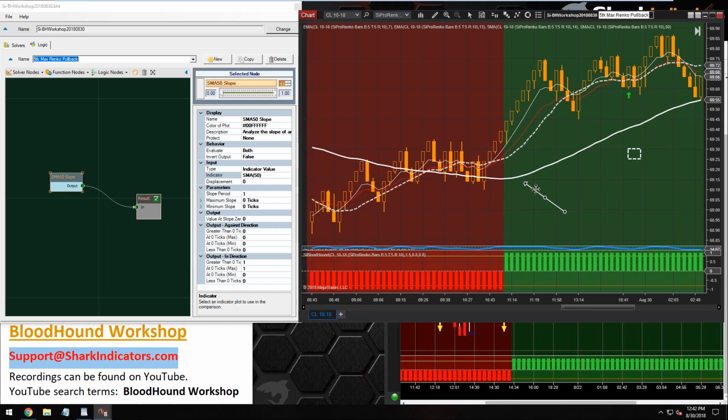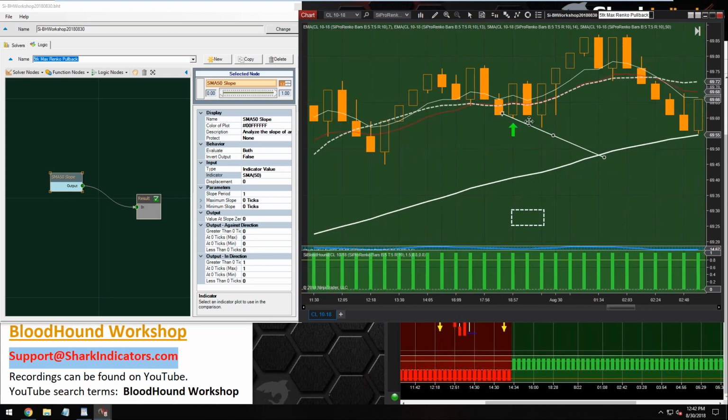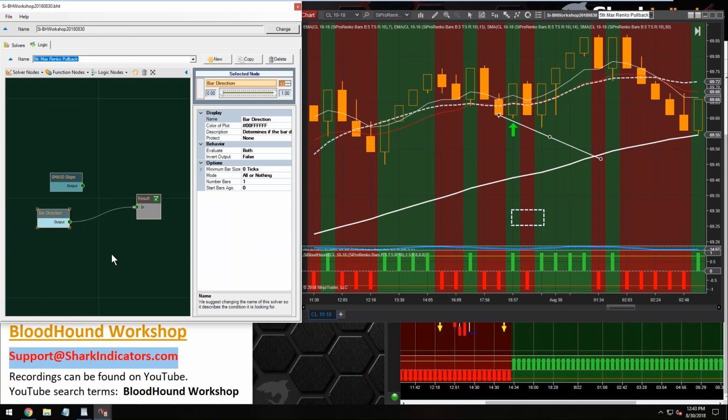All right, so now let's do the measuring here. We want to find these pullbacks, basically a bar direction that's opposite of the trend. So let's just find opposite bar directions here. We can grab a bar direction. And since these are Renko bars, there's no such thing as a doji, so the bars are always going to have a direction.